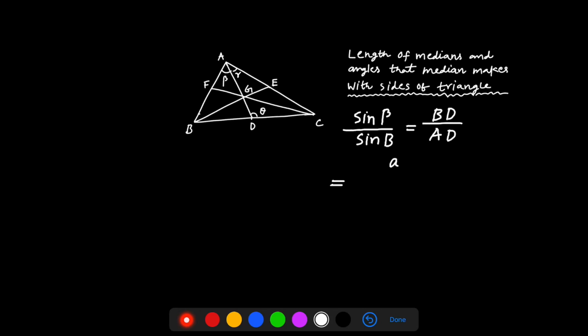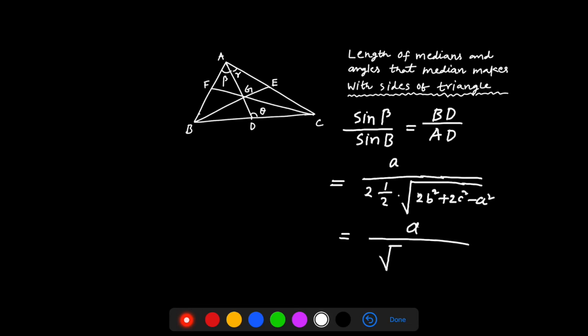Now as we know, BD is a by 2 and AD we have already shown is half of root over 2b square plus 2c square minus a square. So this is a by root over 2b square plus 2c square minus a square, right? So sin beta is, we have to multiply this by sin B.